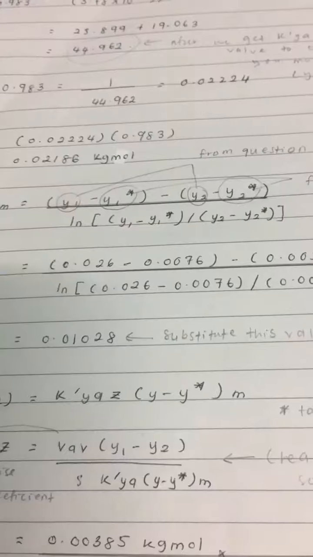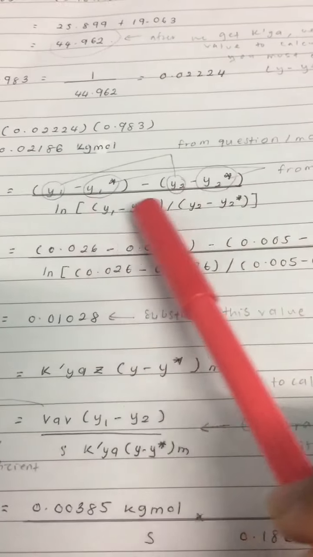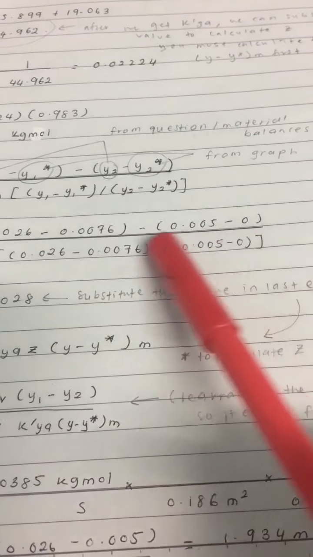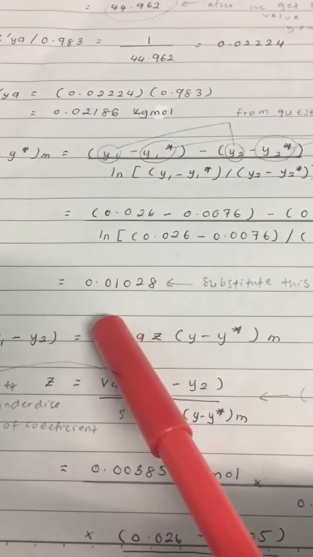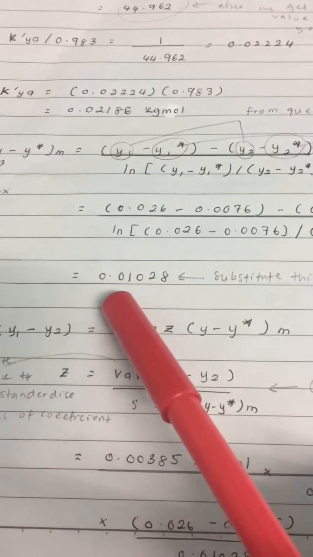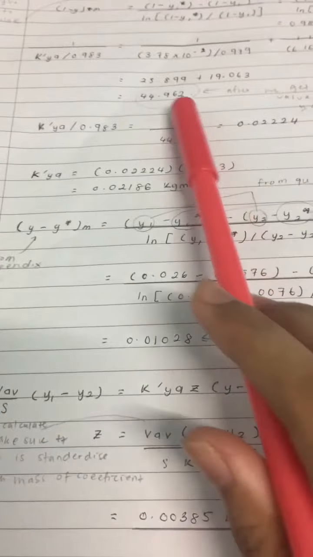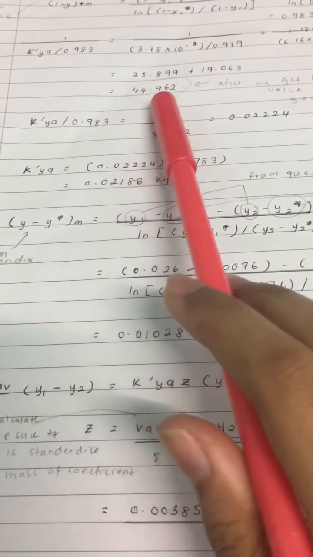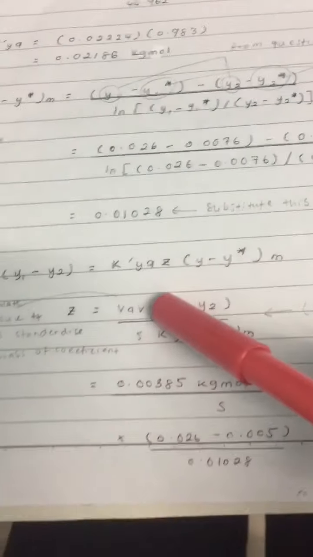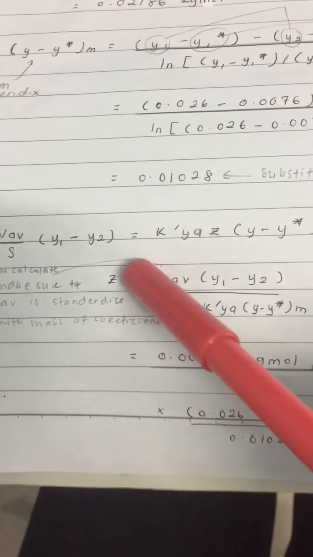After we get y1 star and y2 star from the graph, we put the values, 0.076 and 0 respectively, into the equation. Then we get the value of y minus y star m, which is 0.01028. We substitute this value and the K prime ya value, 44.962, into the equation to get the value of z.